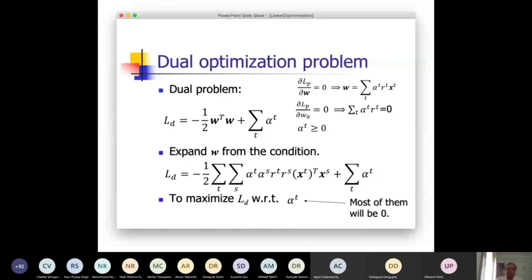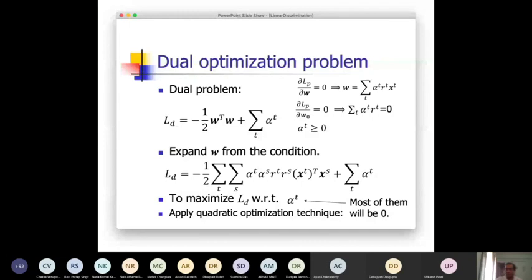Of course, this has to be satisfied. Alpha t is greater than or equal to 0, and the sum of alpha t times y t should be equal to 0. Now it can be shown that most of them will be 0. Actually, it's a quadratic optimization problem, because it's a quadratic function of alphas, and then you can apply a quadratic optimization technique.